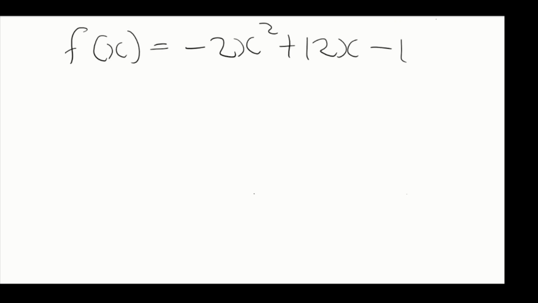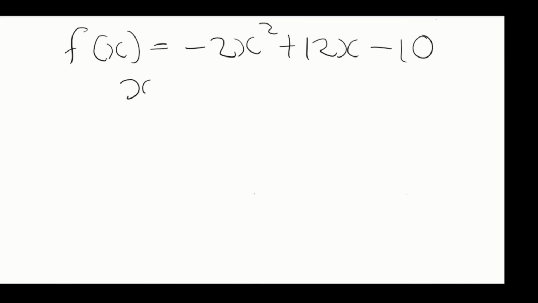So to find our y value of the turning point, remember that the f of x, which we calculated initially, is minus 2x squared plus 12x minus 10.